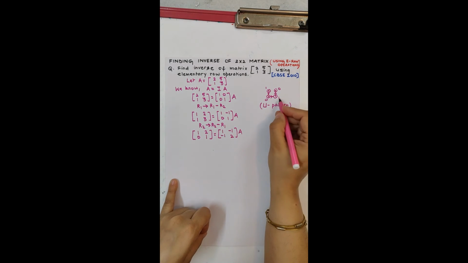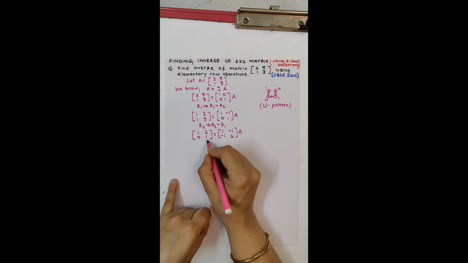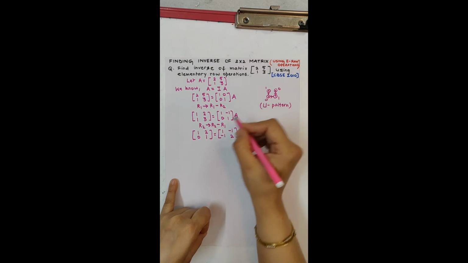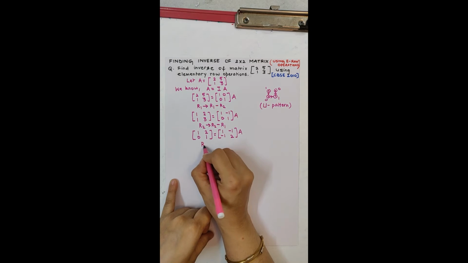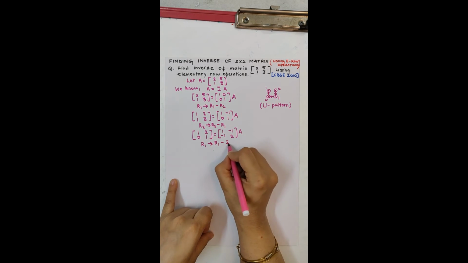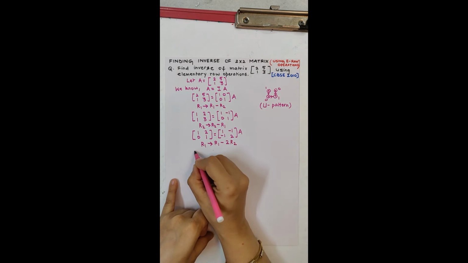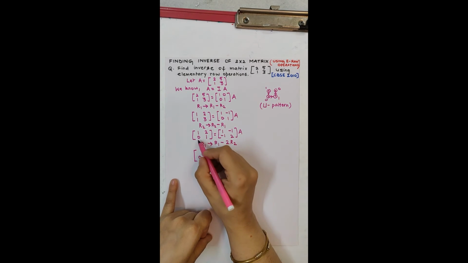Now next I have to make this element 1, which I have already made. Alright, so the next I have to make this element 0. How we can do that? From this 2 I can multiply this by 2 and then subtract, right? So R1 now goes to R1 minus twice of R2. Alright, so the second row remains as it is, and from the first row I have to subtract twice of the corresponding elements of the second row.